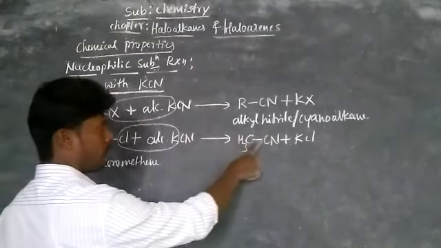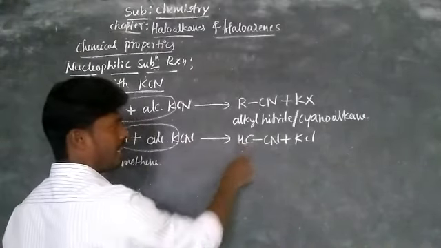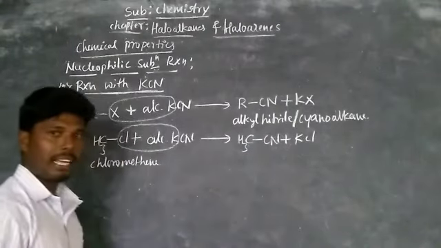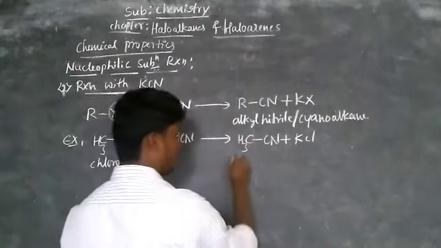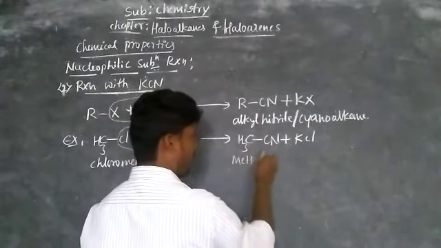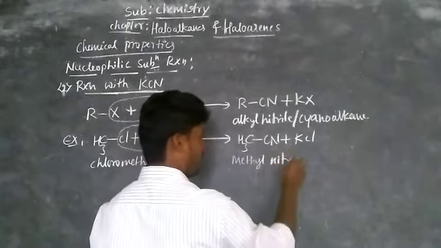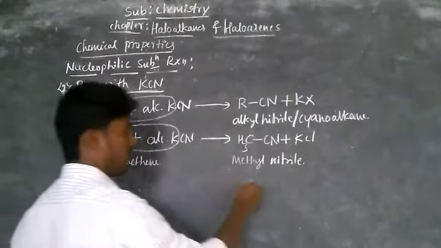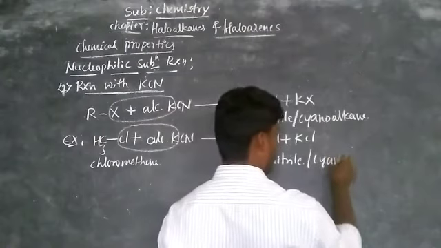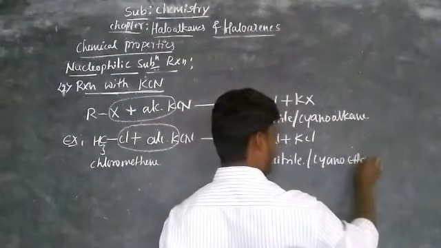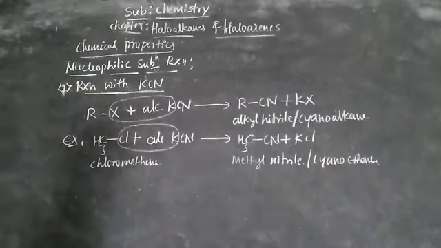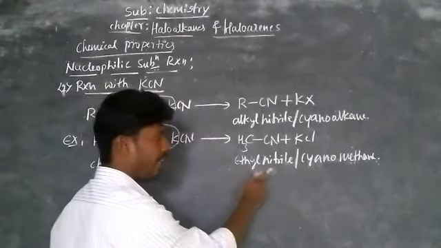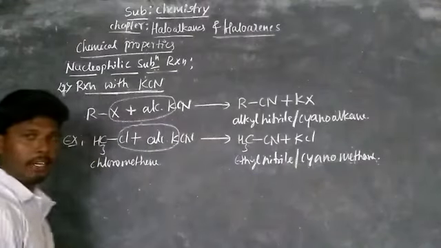What is its name? Alkyl nitrile, that is methyl nitrile or cyanomethane.